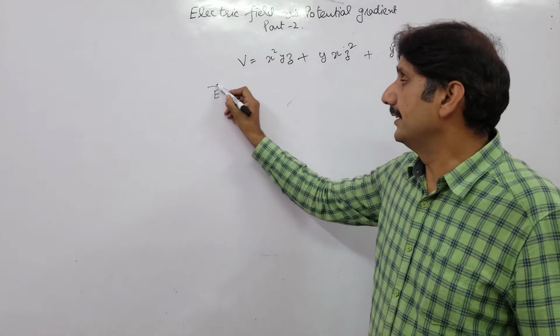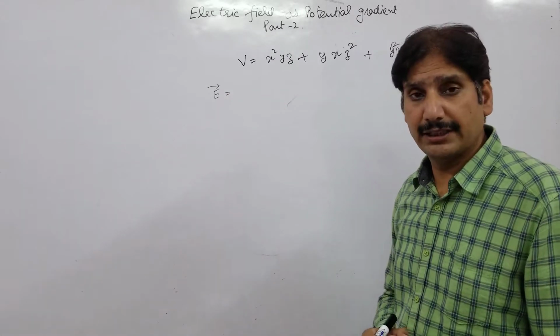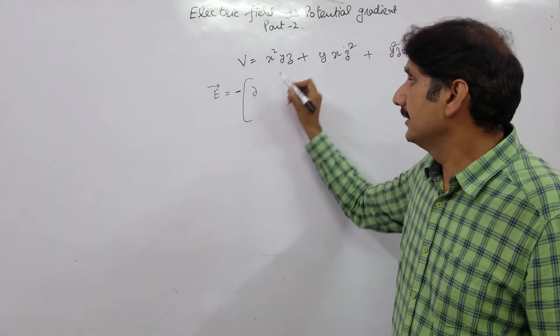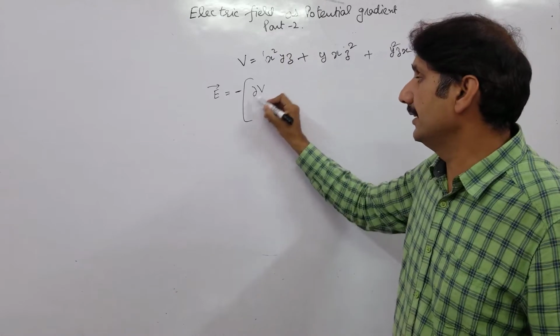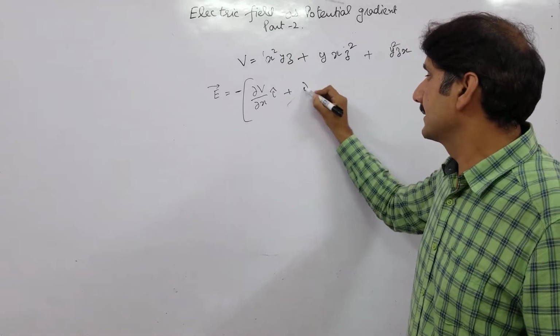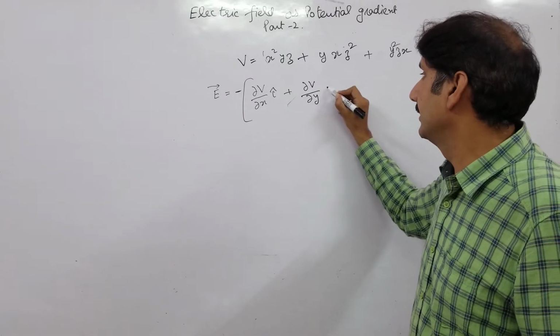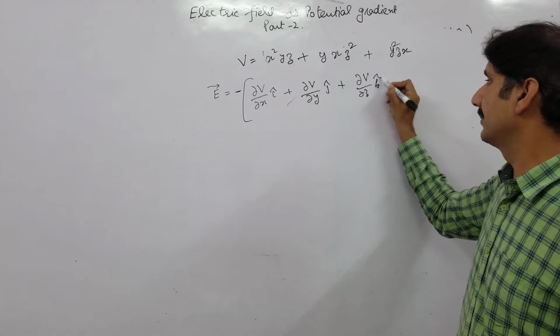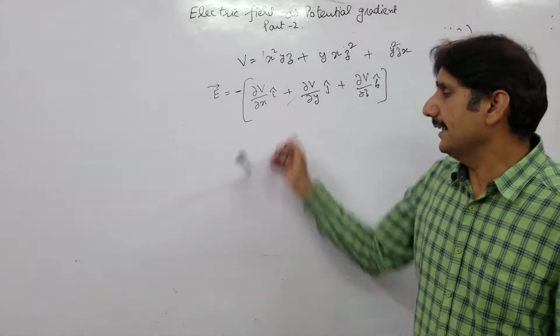So electric field E can be written as minus, taking that as common, curly V by curly X along I cap, plus curly V by curly Y J cap, plus curly V by curly Z K cap. Now what is this curly by curly X?